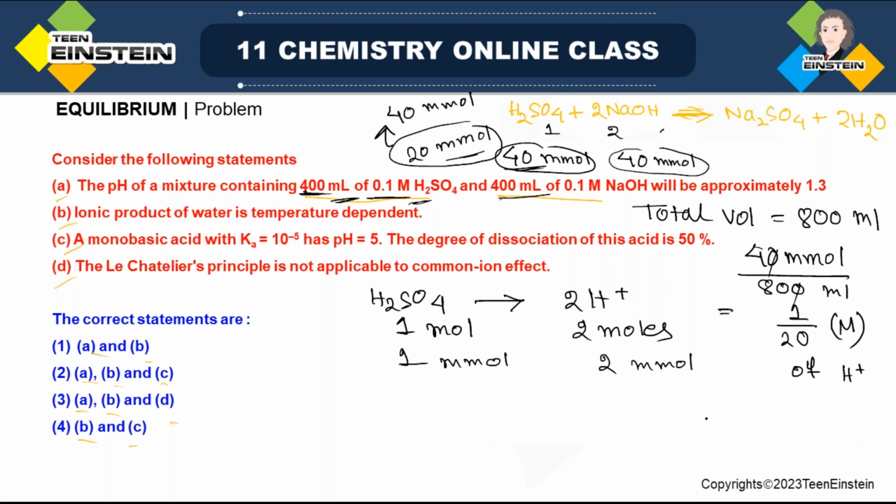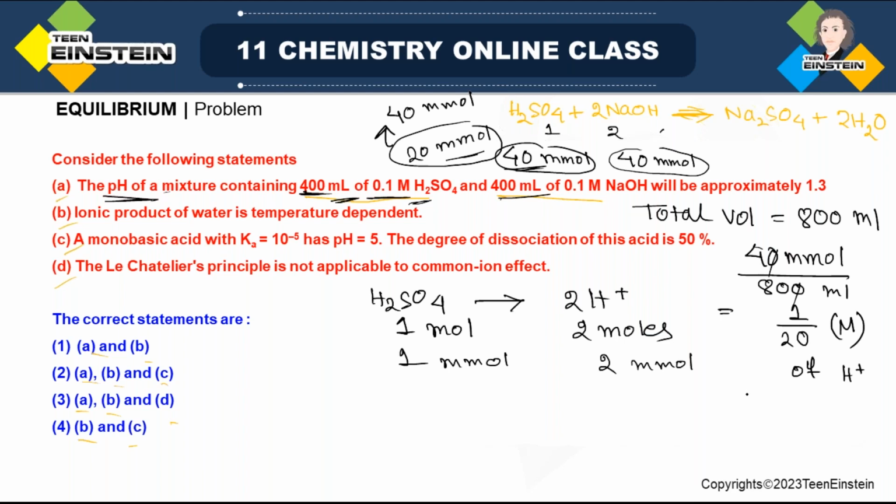So why am I calculating the concentration of H plus? Because ultimately we have to check whether this statement is correct. It says the pH of this mixture is 1.3. All the NaOH is consumed and extra H2SO4 is left, so the solution will be acidic, obviously less than 7. But what will the pH be?